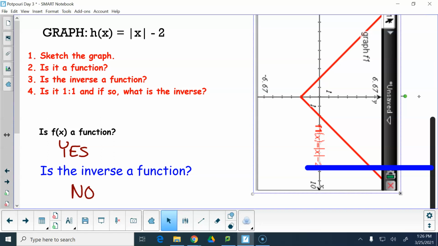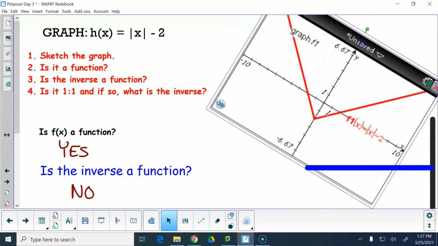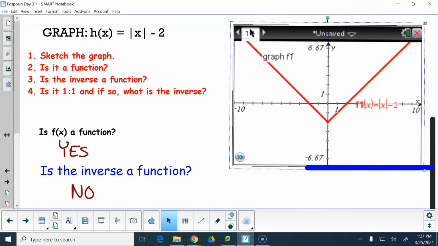Exactly. So we can also have a relation. That would become a relation because it's not a function. So this relation is not a function, but the inverse is a function. And we'll do more of those after spring break when we're dealing with ellipses and hyperbolas.